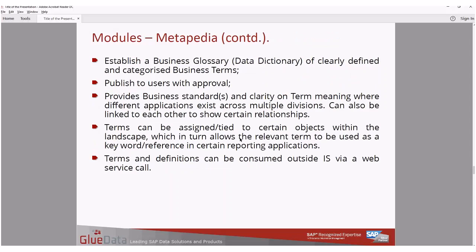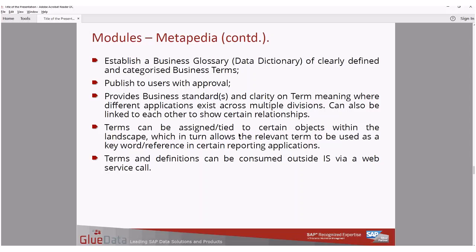Okay. The other module is the Metapedia. As I've said, this is a business glossary. We can define these terms, categorize them. These terms can be approved by stewards or managers, and then published to business users. So it provides clarity on meanings. You can have a term that means different things in different divisions of the organization.